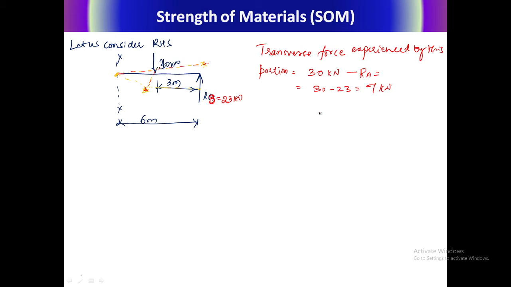7 kilonewton. So as we consider the sign conventions, let us take the downward force as a minus, upward force as a positive. So how much you got here? You got a minus 7 kilonewton here. Is it right?